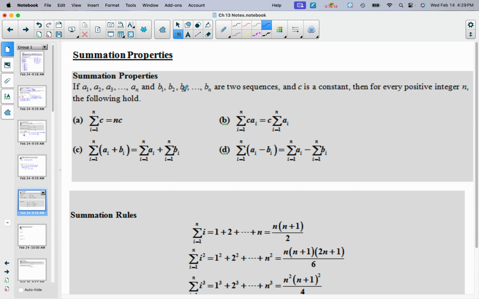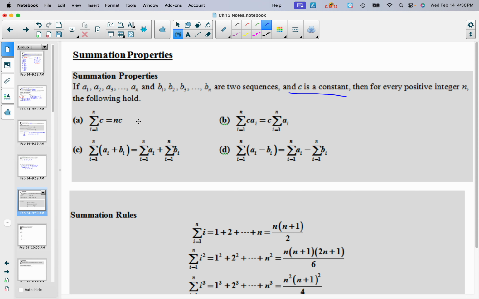So we have some special summation properties and rules. The properties are on the bottom of your page, but then you have to flip it over to see the rules. So again, if we have 2 different sequences, and you can see the terms listed out there, and we're told C is a constant, then for every positive integer n, the following hold.